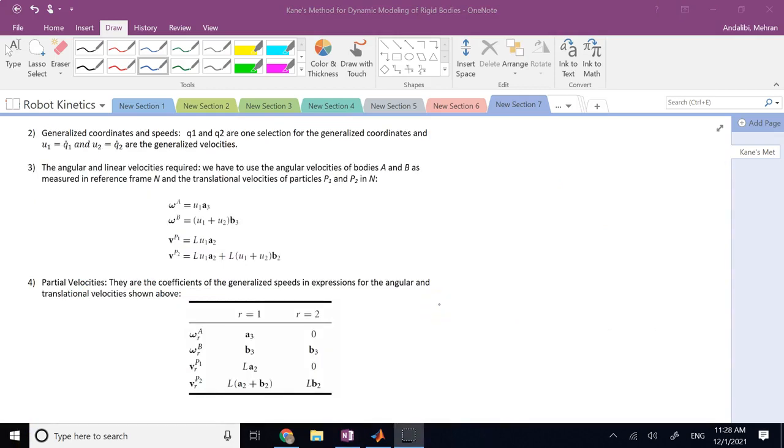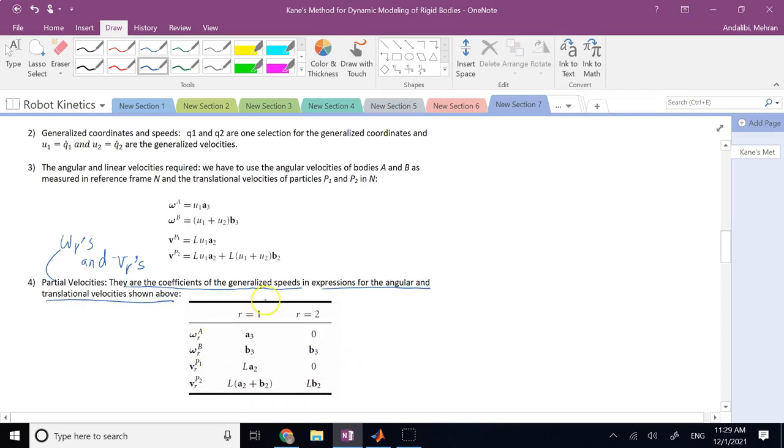Once step 3 is done, step 4 is no big deal, because these VRs and omega Rs are really the coefficients of the generalized speeds in the expressions for angular and linear velocities.